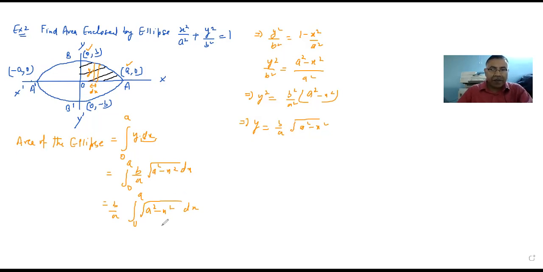Now again, we will go with the formula. B by a is outside. This is x by 2 under root a square minus x square plus a square over 2 sine inverse x by a, from 0 to a.